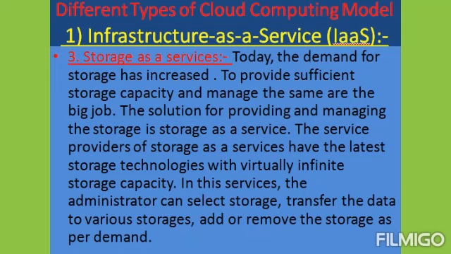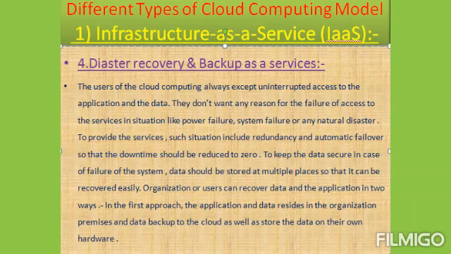The fourth point is disaster recovery and backup as a service. Users of cloud computing always expect uninterrupted access to applications and data. They don't want any failure of access to the services in any situation, like power failure, system failure or any natural disaster.